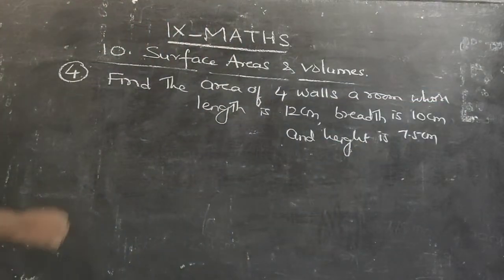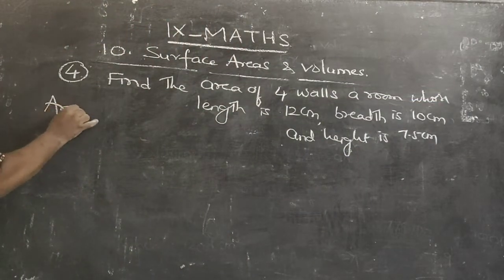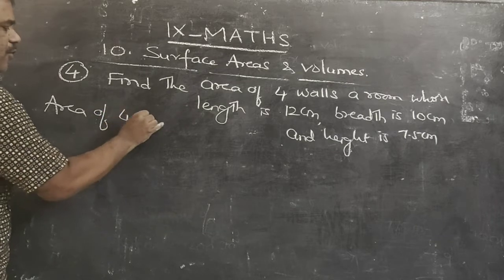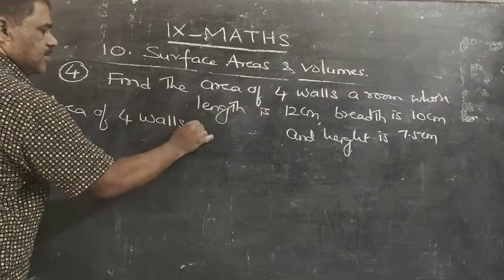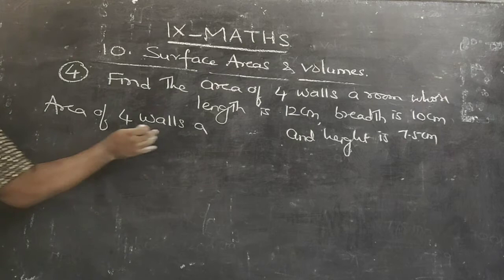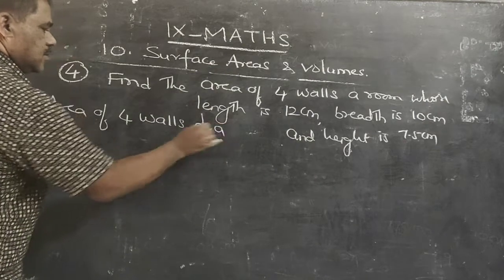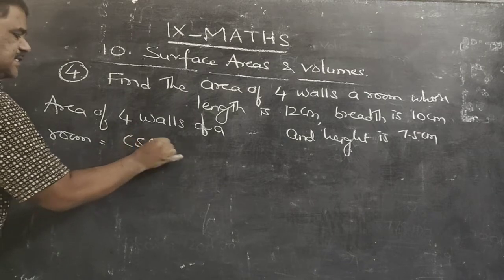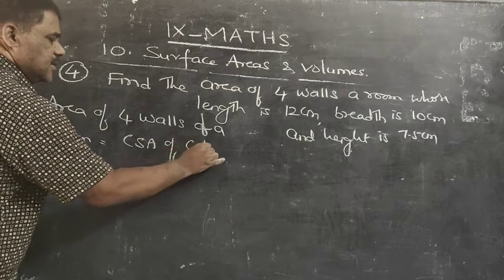So area of 4 walls of a room is nothing but we have to find curved surface area or lateral surface area of a cuboid. So area of 4 walls of a room, this is nothing but CSA of a cuboid.